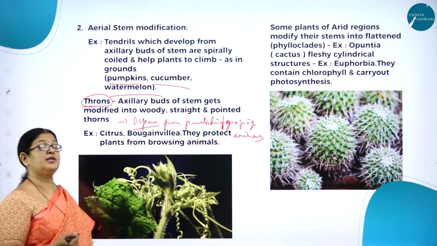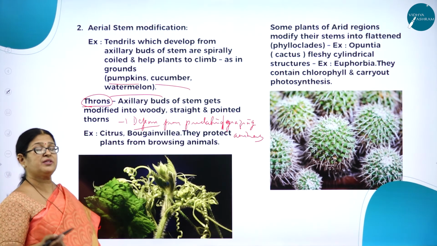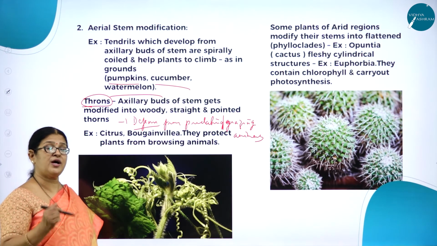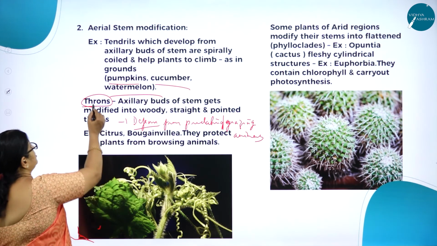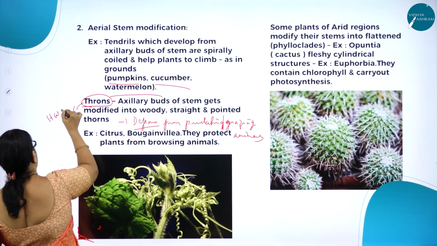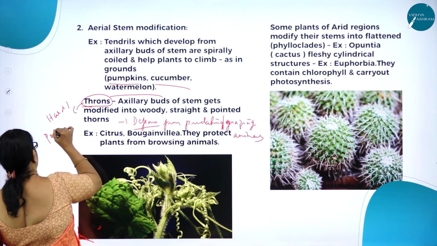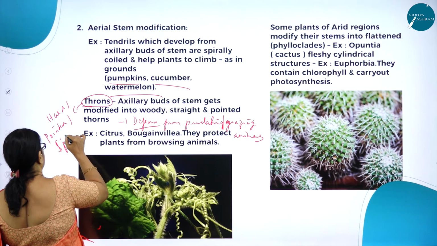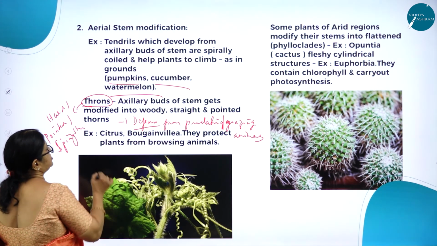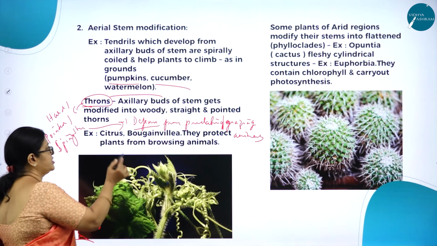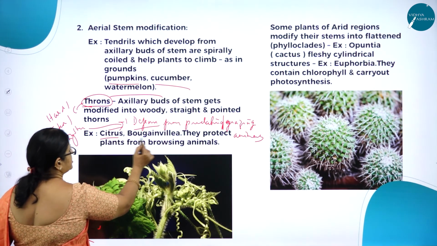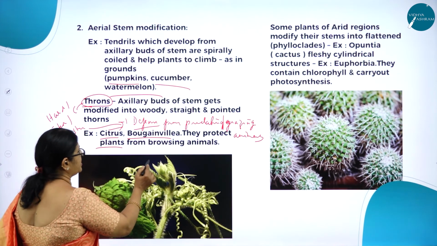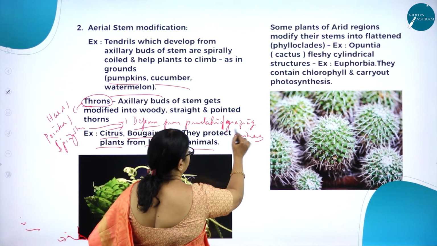So they act as defense. Sometimes even the stem gets itself modified into a hard, pointed, spiny structure called thorn, which is used for defense. You come across it in citrus and bougainvillea. They protect the plants from browsing animals and even from grazing animals.